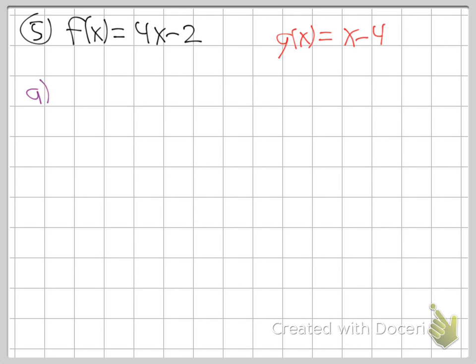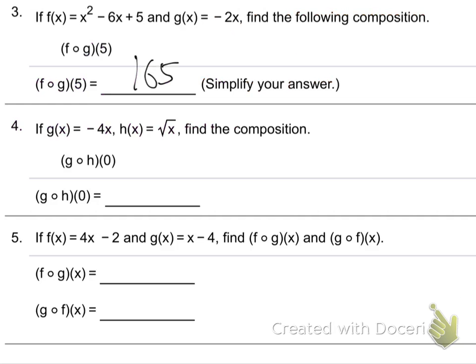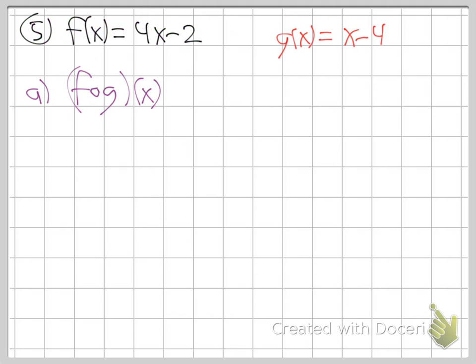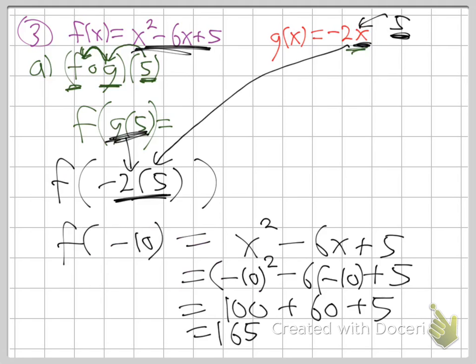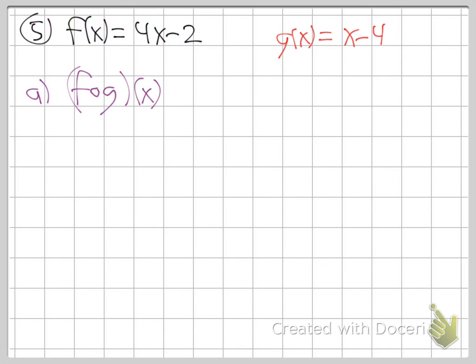And part A, they say, find f o g. Right, okay. Is it 4 negative? The 4 in the very front? Did I mess up? Okay. 4x minus 2 and x minus 4? Good. All right, so now we're doing f o g with just an x.